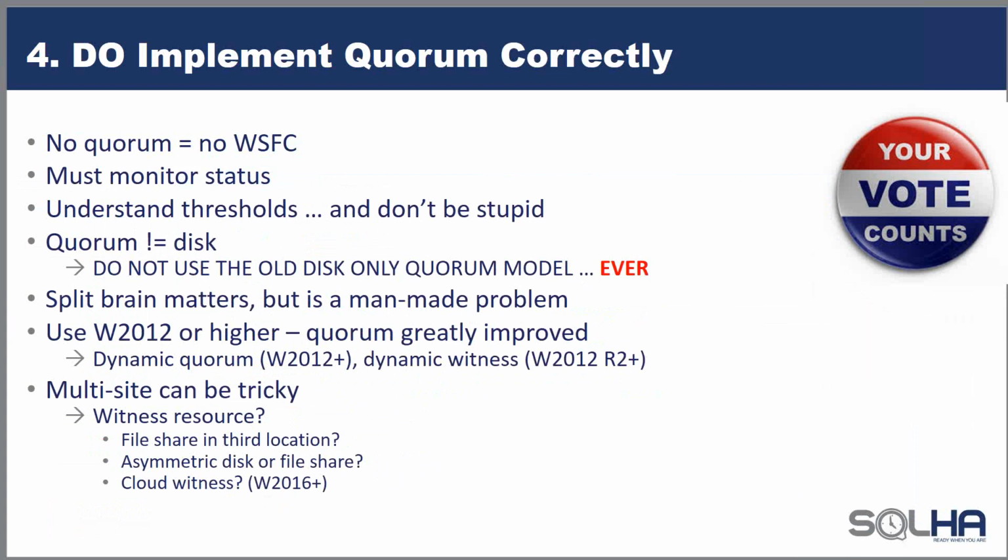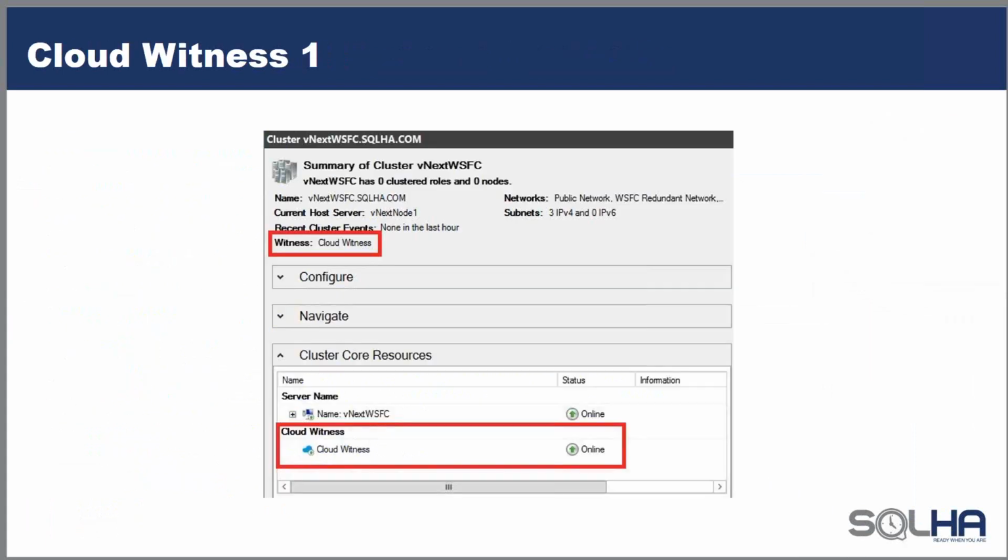Now, in talking about this witness thing, what is a witness? It can be a disk, it can be a file share, or in 2016, it can be a cloud witness.